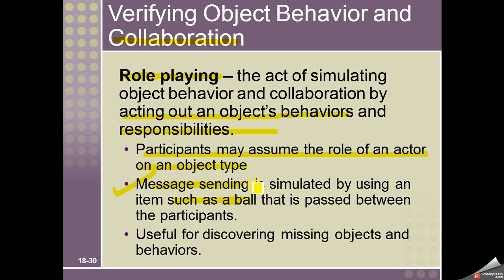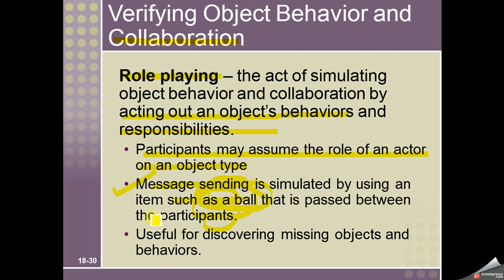Then he or she will pass it to another member, clearly saying that I did this, or I need this information, or I'll pass this information to you, and so on and so forth, right? So this message sending is simulated by a small soft ball, and ultimately we should have captured the responsibility of all the objects at the end of this activity.